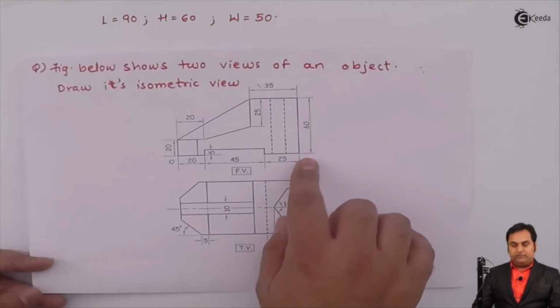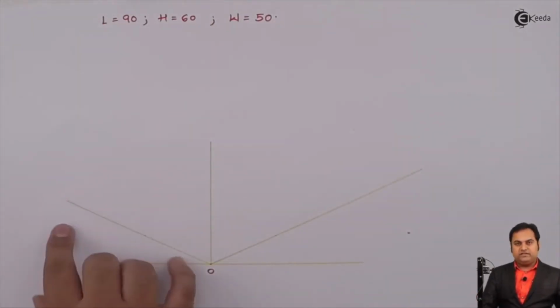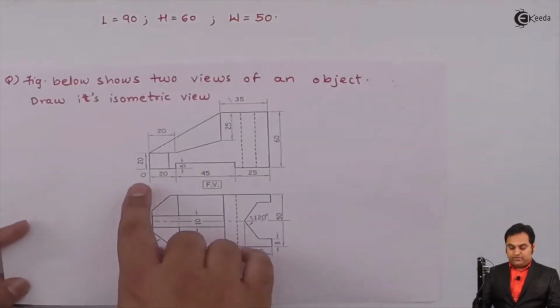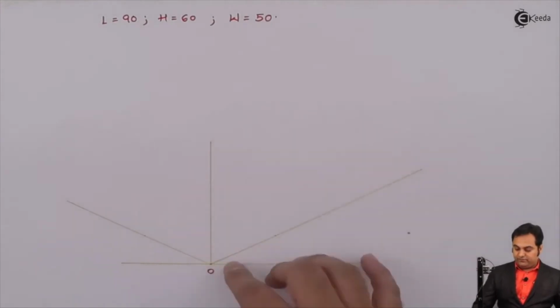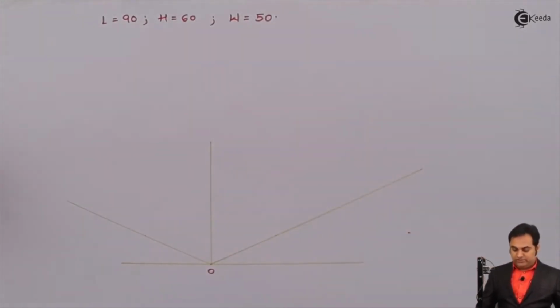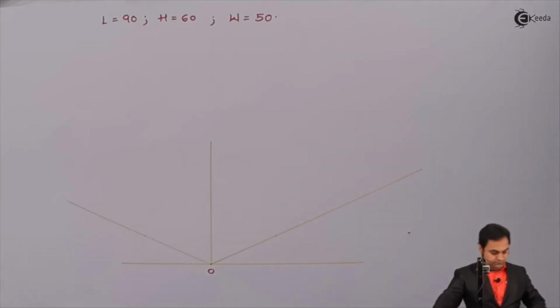If the origin would have been here, then I would have placed it on the other side. But here, since the origin is at this location, keeping the object here will give me the length on this side. So let us mark the length, which is 90 mm.